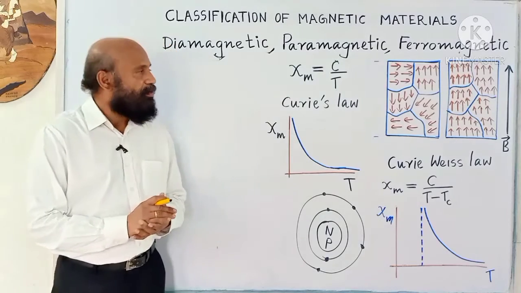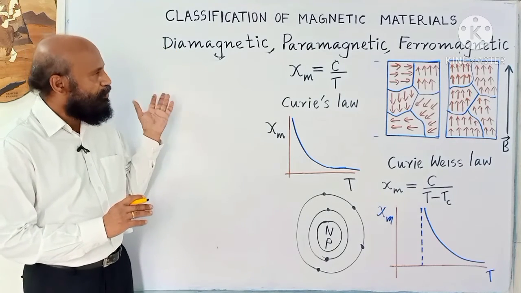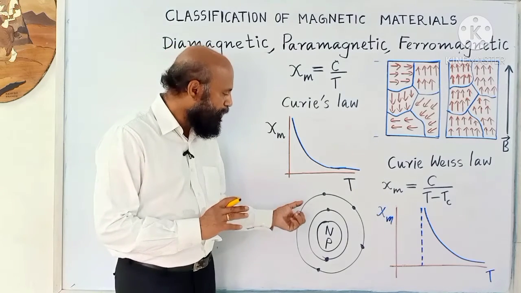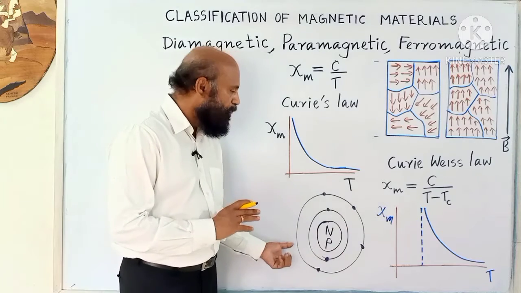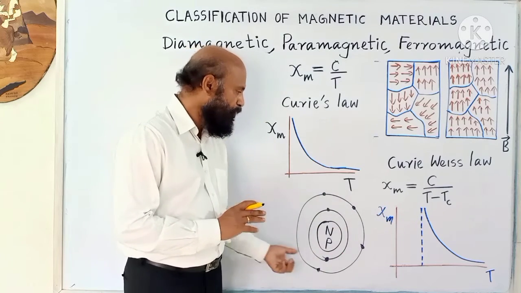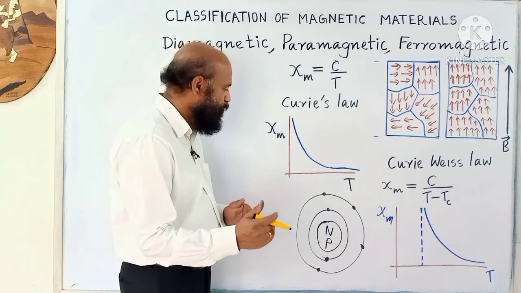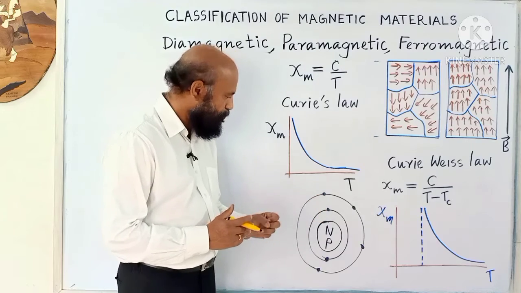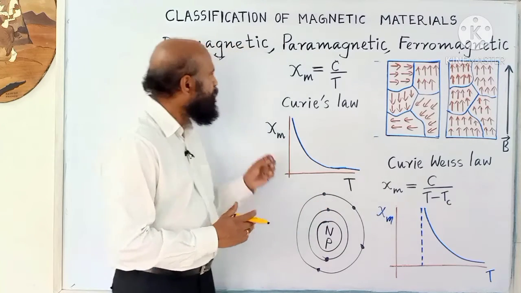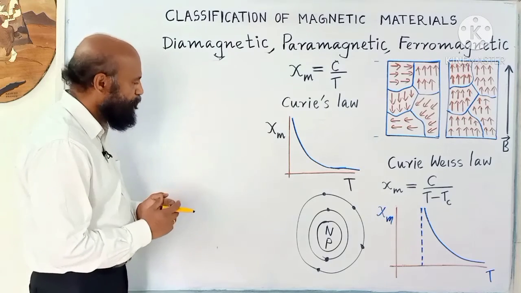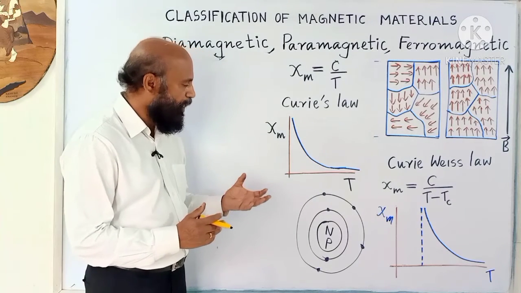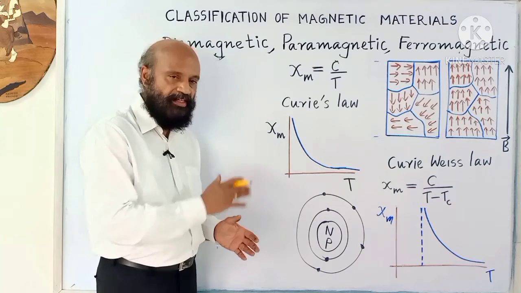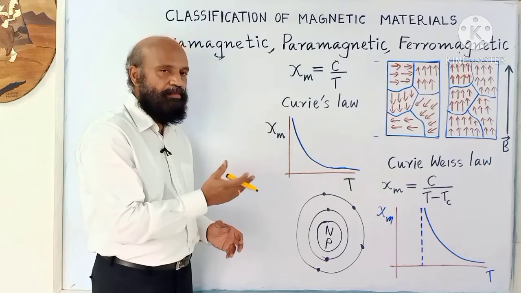Now let us see the reason for the differences in the behavior. You know that substances are made up of atoms. Electrons are in various orbits. Because of this orbital motion of the electrons, there will be a magnetic field, so there will be magnetic moment. In diamagnetic materials, the net magnetic moment of the atom is 0 because the planes of the orbits are oriented at random.